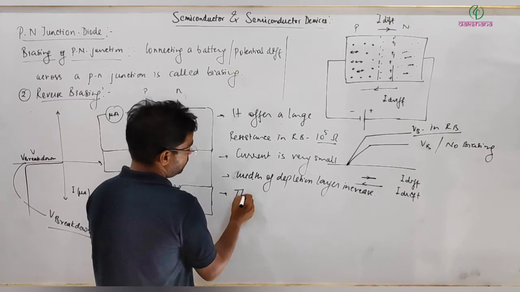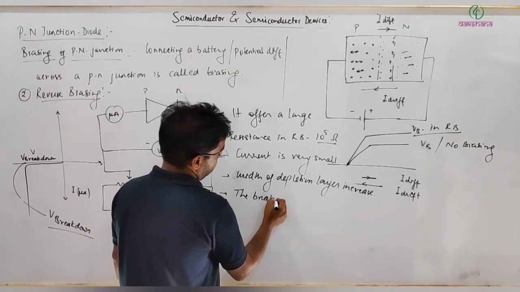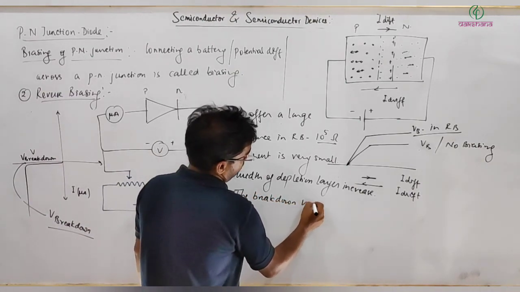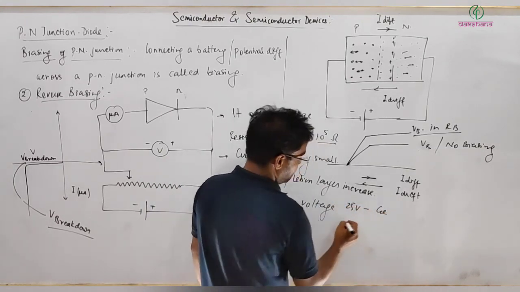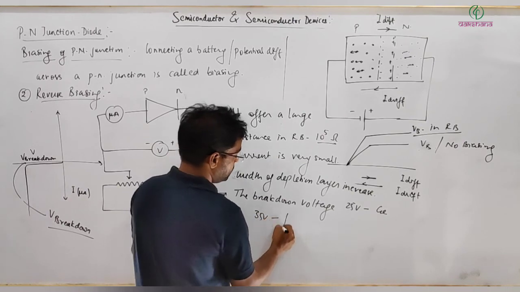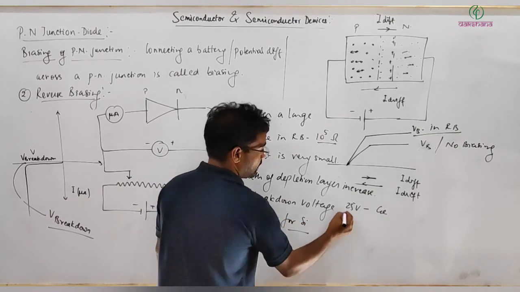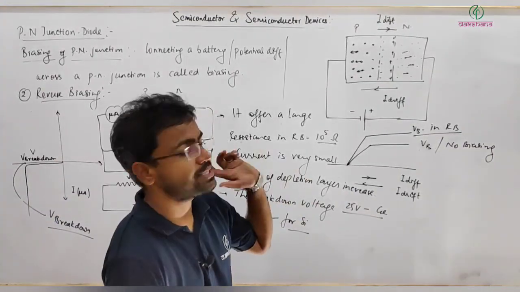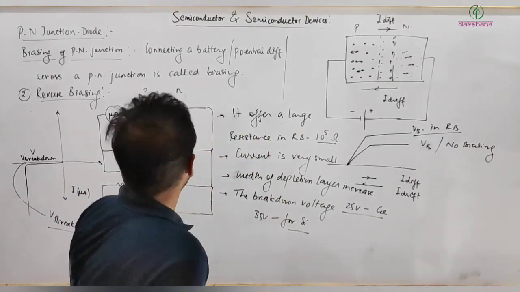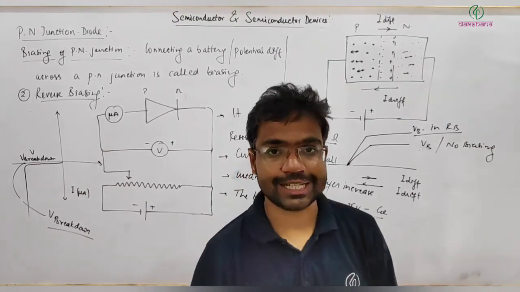And the breakdown voltage is roughly 25 volts for germanium and 35 volts for silicon. So these are roughly the breakdown voltages for germanium and silicon, and this is the biasing of a PN junction.